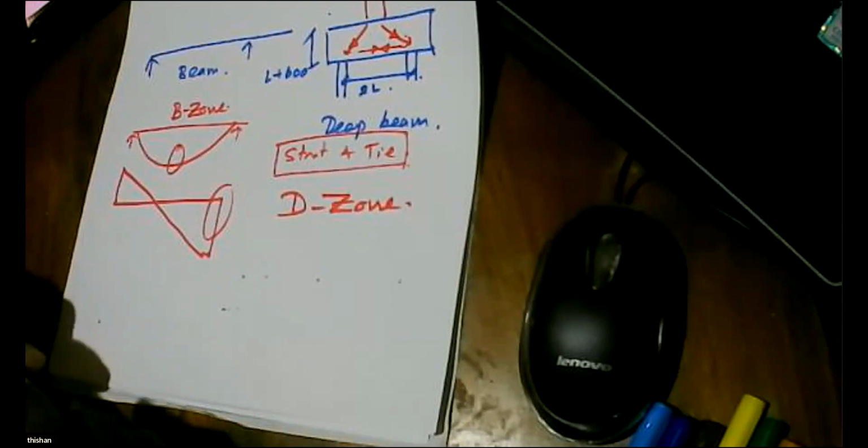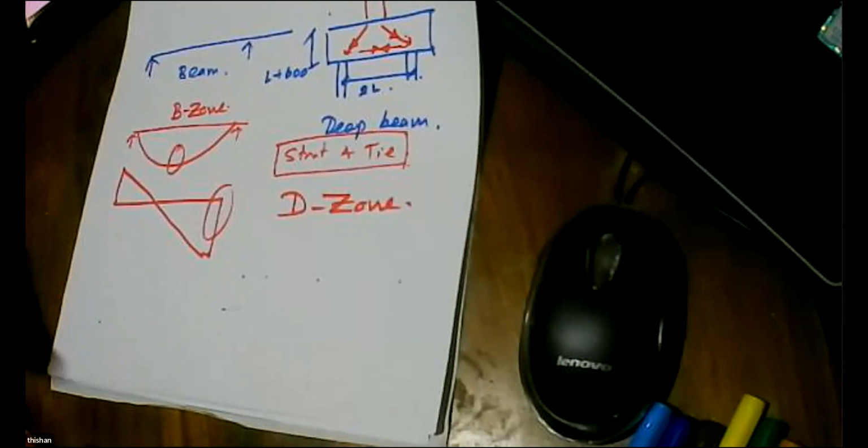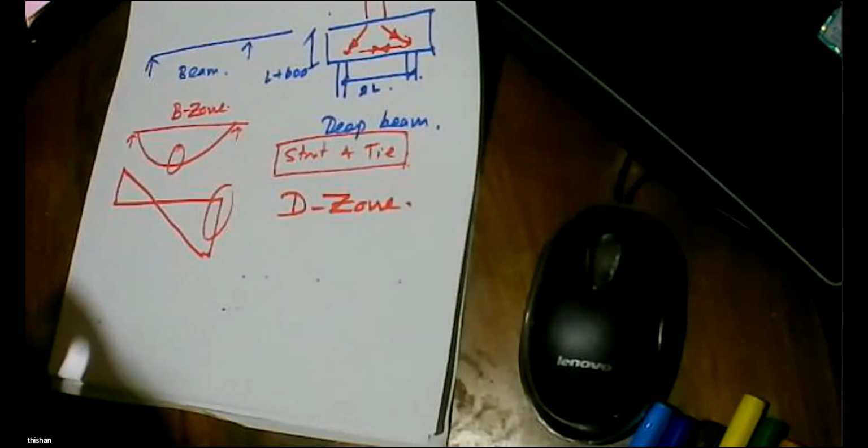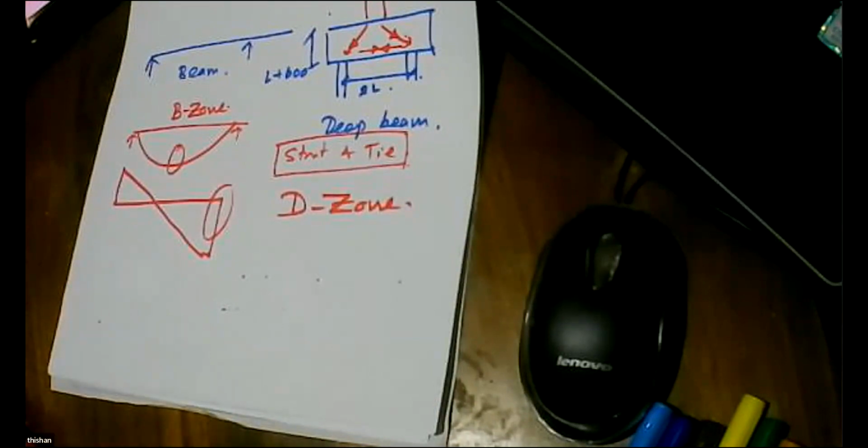But US codes adopted it fast. Probably German codes also had B zones and D zones, but not the British codes. Now we are using Eurocodes. So all the knowledge in Europe has come to one place. And Eurocode is also very strong with B zones and D zones.